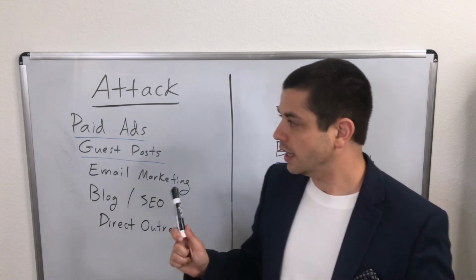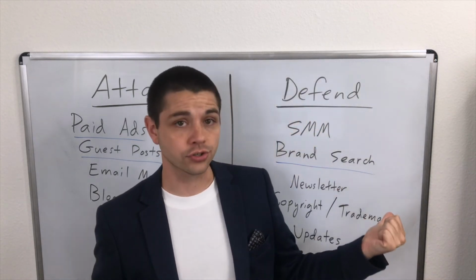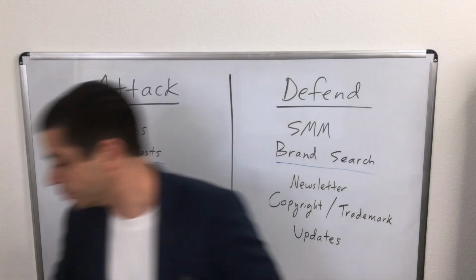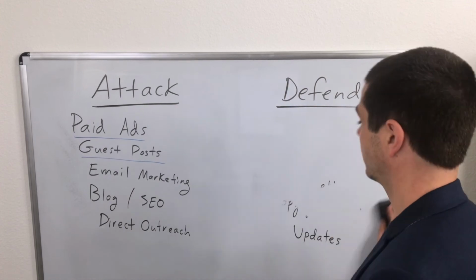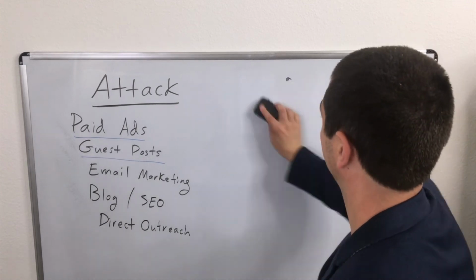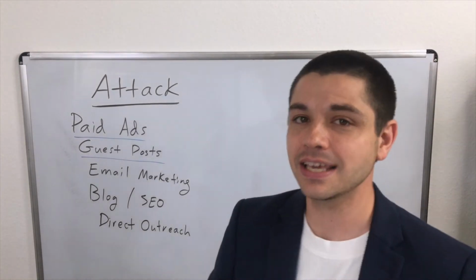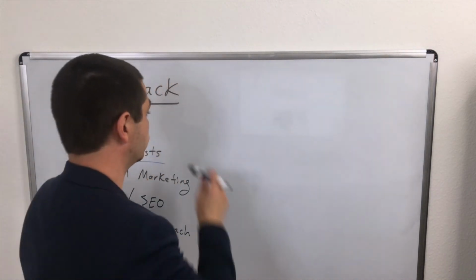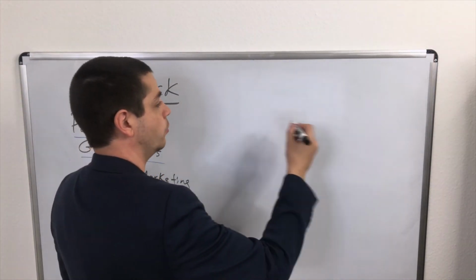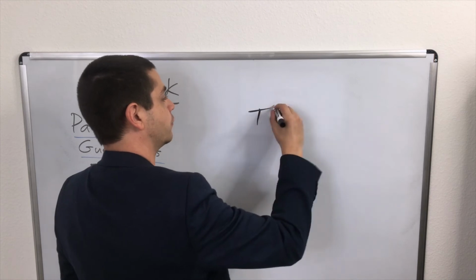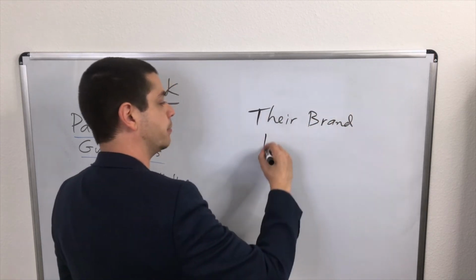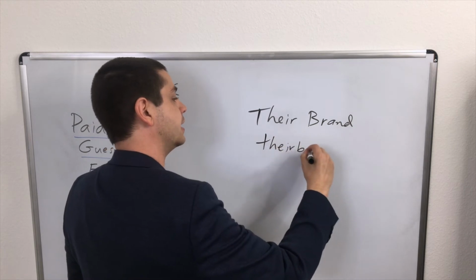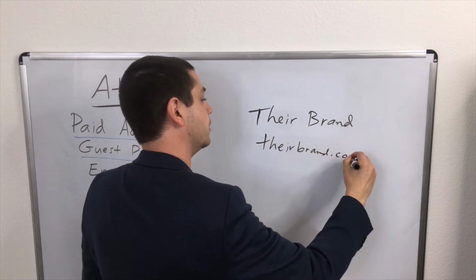So we started talking about brand search. And basically what we can do is we can buy the keywords of other people. What that means is that when we're doing our paid ads, we can search for somebody else's brand. So for example, I'm going to say their brand. And then I'm going to buy theirbrand.com.